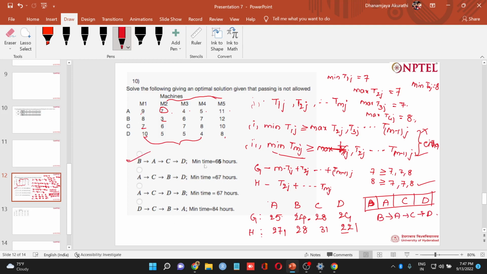Finding the minimum time as before, it is 65 hours, the total elapsed time. Here we are not asked about idle time, so we only need to calculate the total elapsed time.